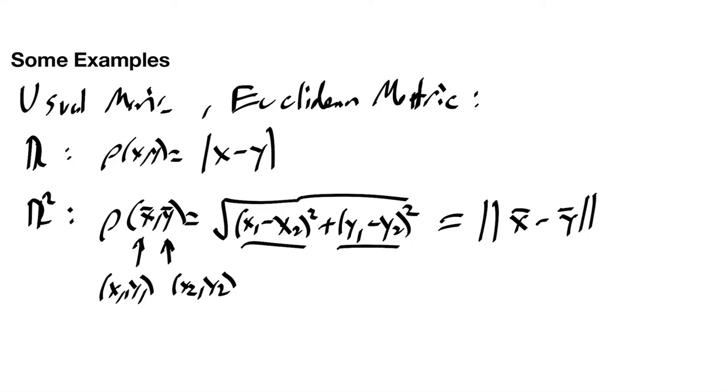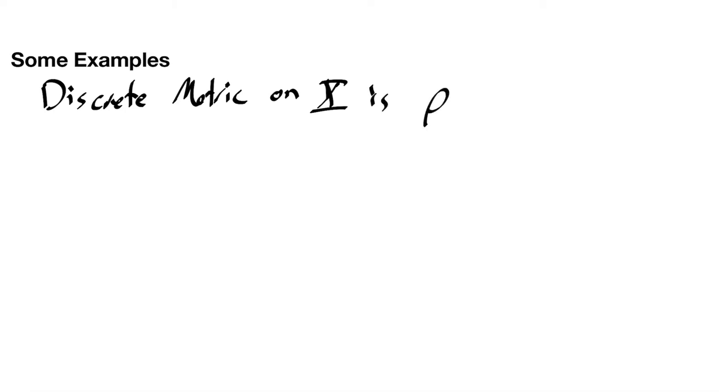So let's start off with one thing that might be rather unusual, and that is what if we do something called the discrete metric. The discrete metric on any space x, but we could do this for the real numbers, is as follows.